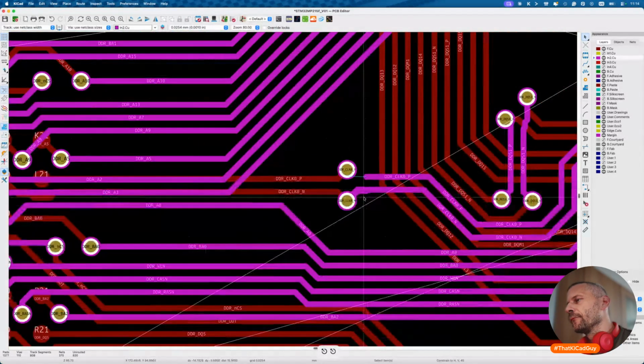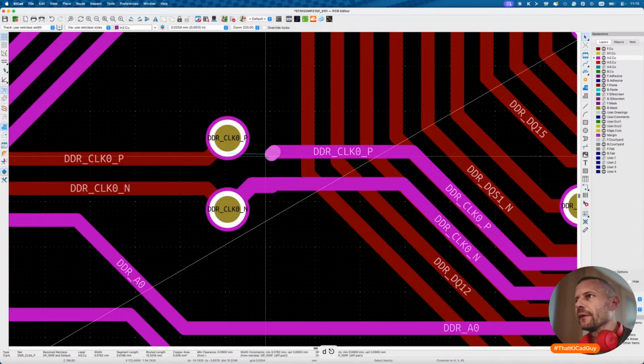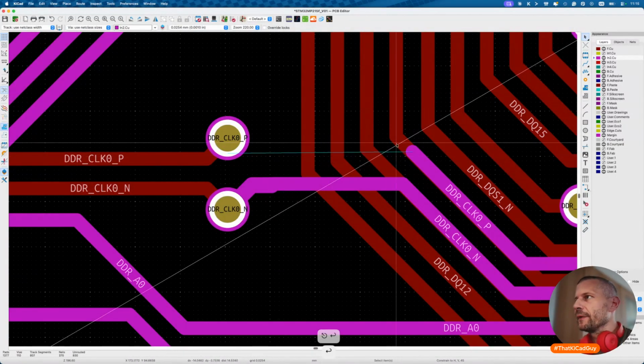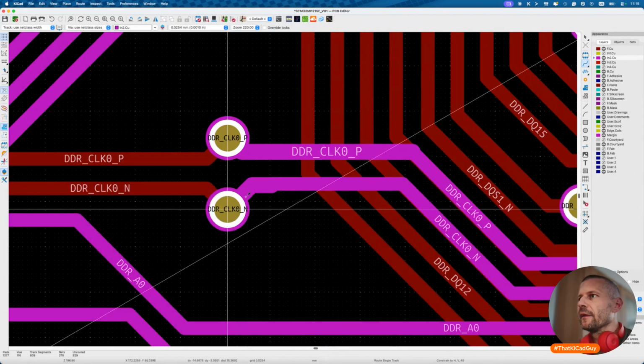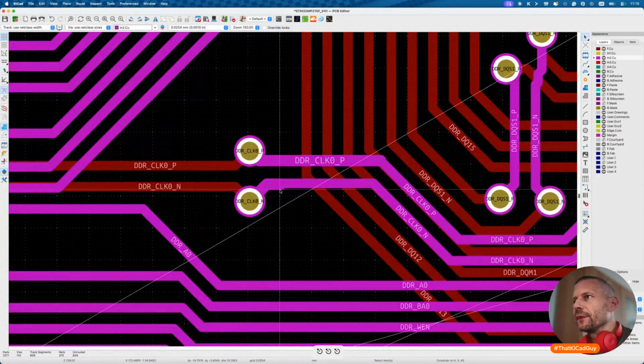Yeah, I know, because the pair is now incorrectly routed. It must be corrected. Oh shit.